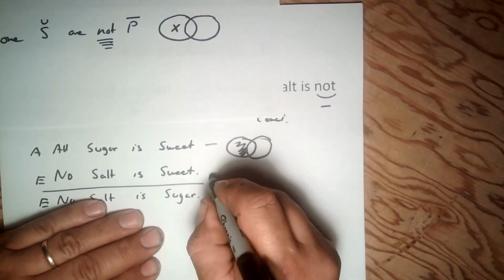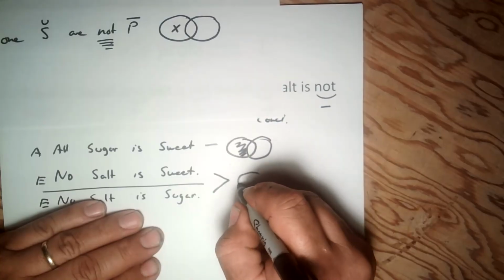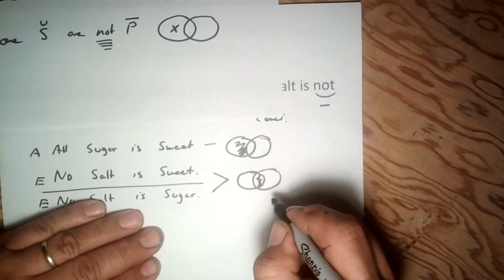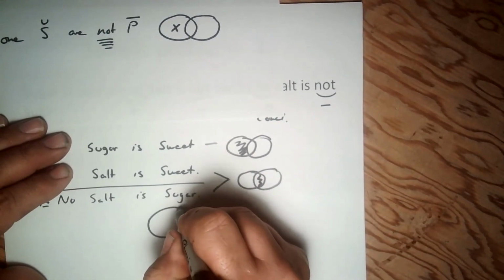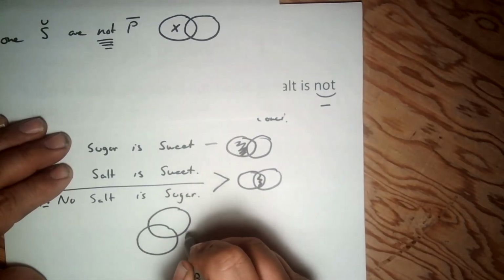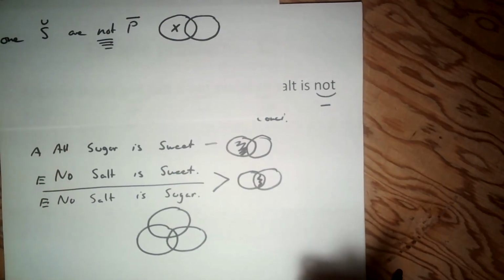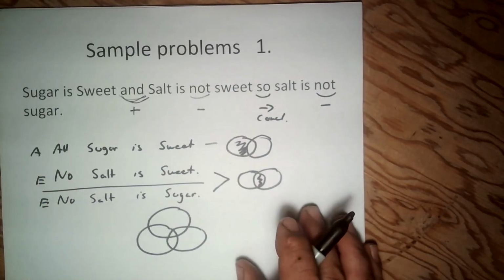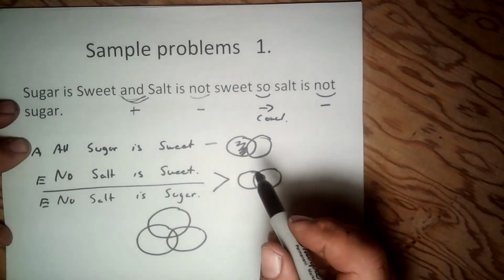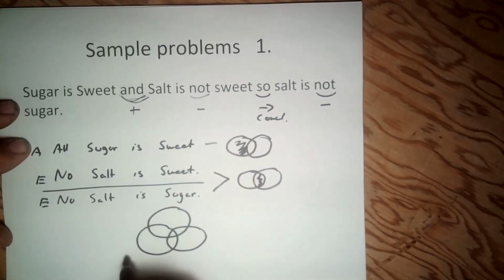Looks like that. Both of these are going to look like that when we draw a three circle diagram here. So, all sugar is sweet. Well, first we've got to mark these circles.